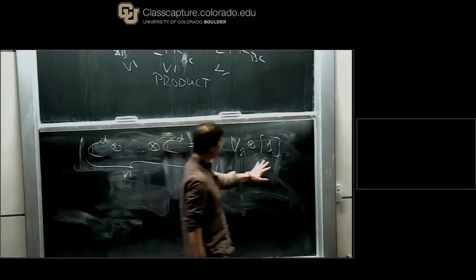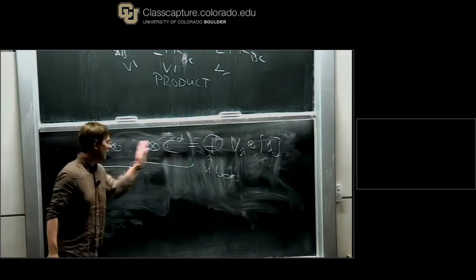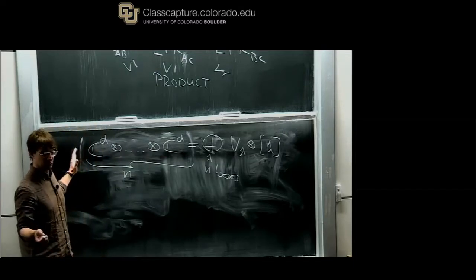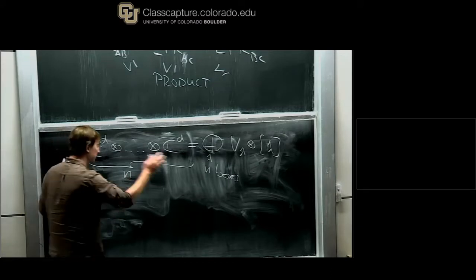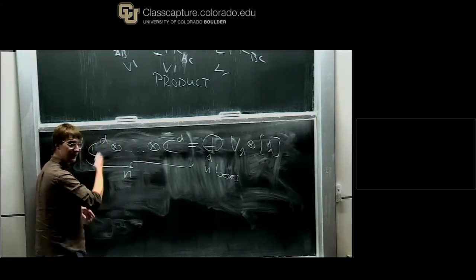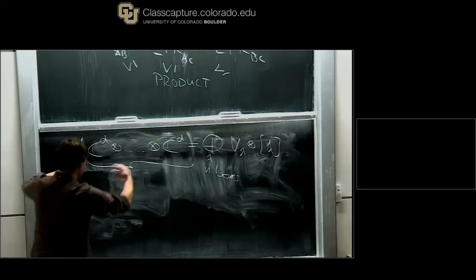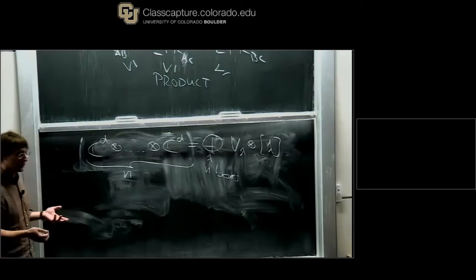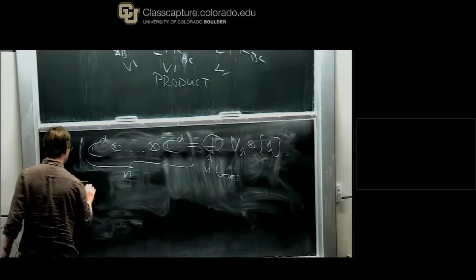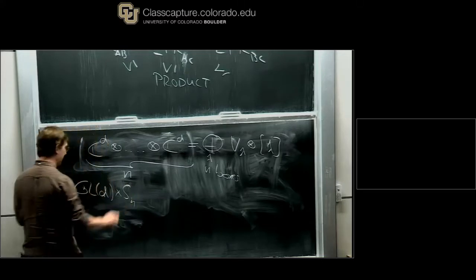And why do I call it square bracket lambda? Because actually this representation here has another action of another group, and that's a symmetric group. Because the symmetric group just permutes the tensor factors here. And the nice thing is that it commutes. This action of diagonally changing the basis and permuting the tensor factors, they commute. Okay? So you have an action both of GL_d, but at the same time of S_n, so of this combined group.